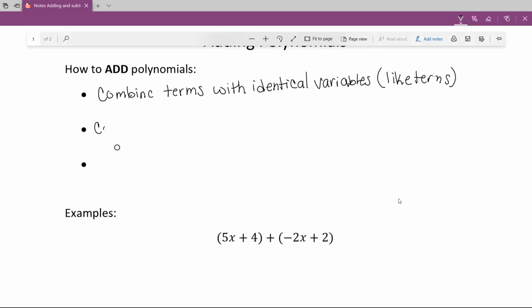Remember, that means combine coefficients or the numbers out in front. Do not change exponents. When you are combining like terms, you will not change the exponents.